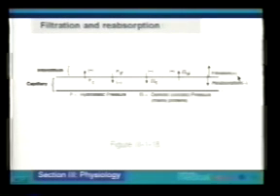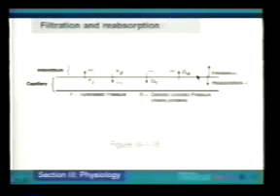Now, people confuse these signs. This positive sign is not referring to a positive pressure. We're just saying that filtration is considered a positive directional movement of fluid. And if a variable supports filtration, it is given a positive directional sign.